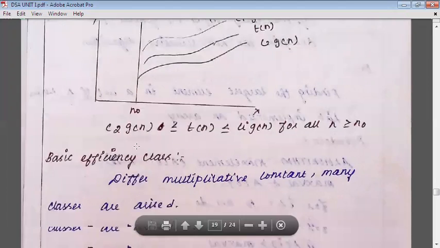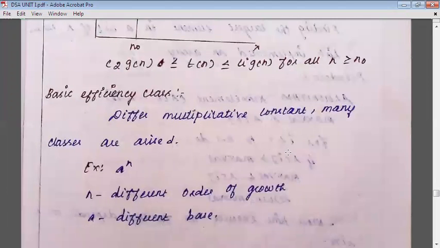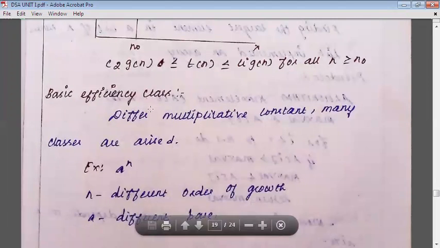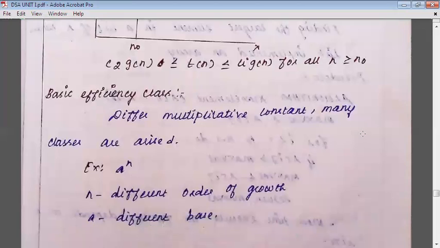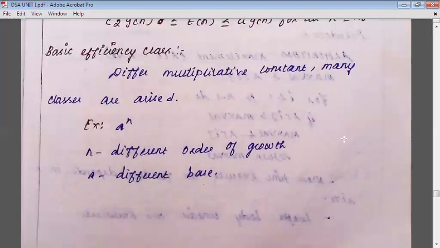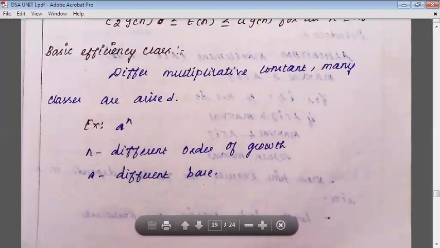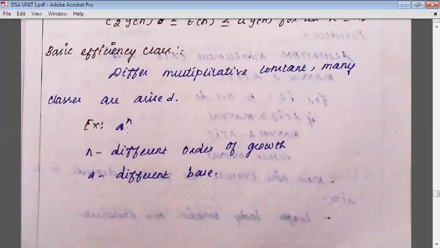Next is basic efficiency classes. These differ by a multiplicative constant. Many classes are raised. Here n is a different order of growth, and a is the base. So a to the power n, where n may be 1, 2, 3, just like that. a is a different base, binary or decimal. Binary is 2, decimal is 10, octal is 8 and hexadecimal is 16.